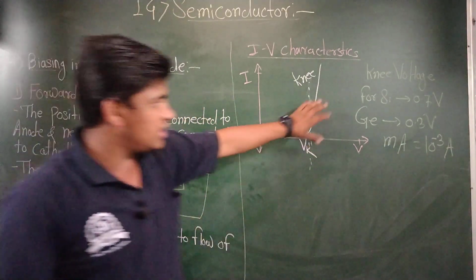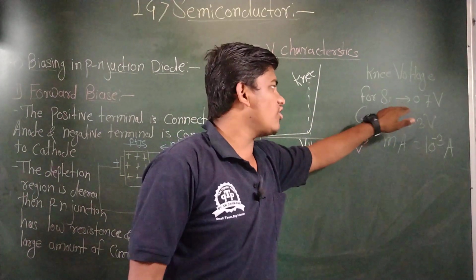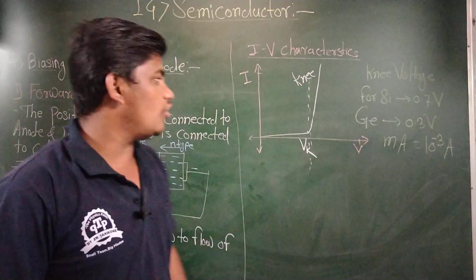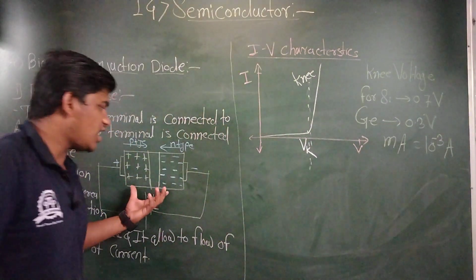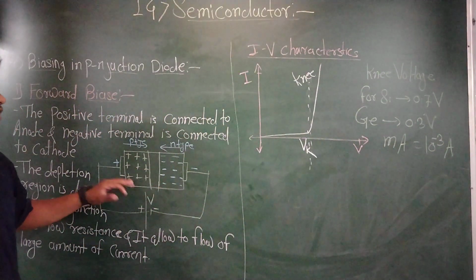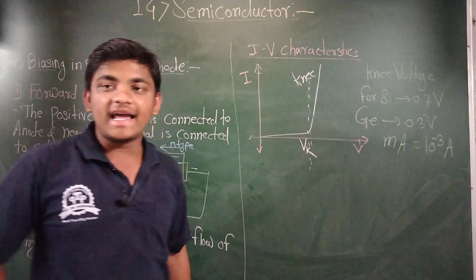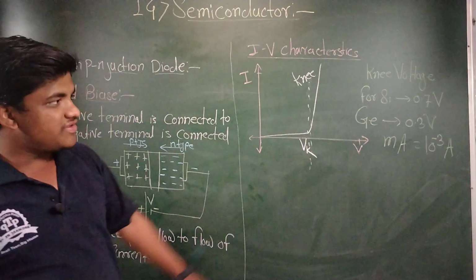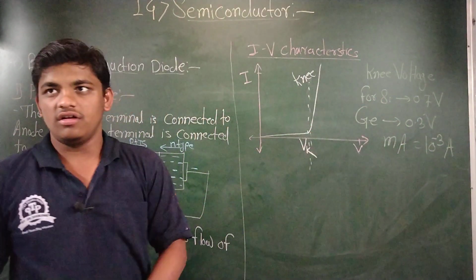This knee voltage is different for silicon, germanium, and other types of semiconductor. For silicon it is 0.7 volt. If we apply 0.7 volt to a PN junction diode made of silicon, the current suddenly increases. For germanium it is very low.